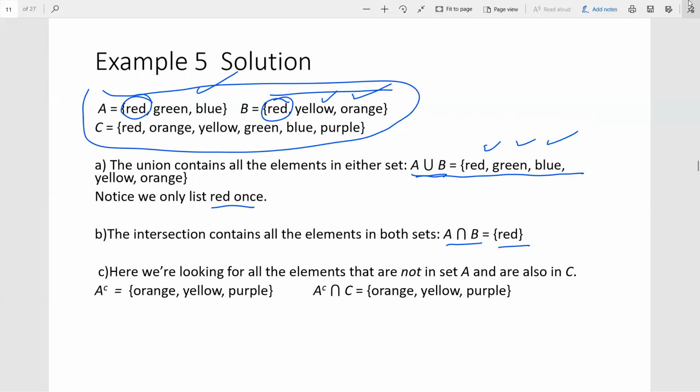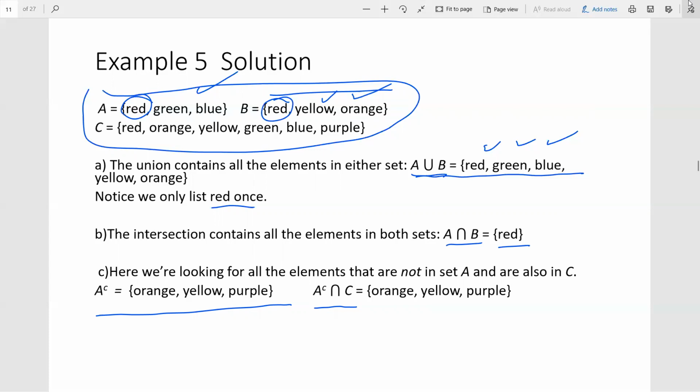Now, to find A complement intersected with C, we first write out A complement. Well, A complement is going to be all the other colors that are not red, green, and blue.